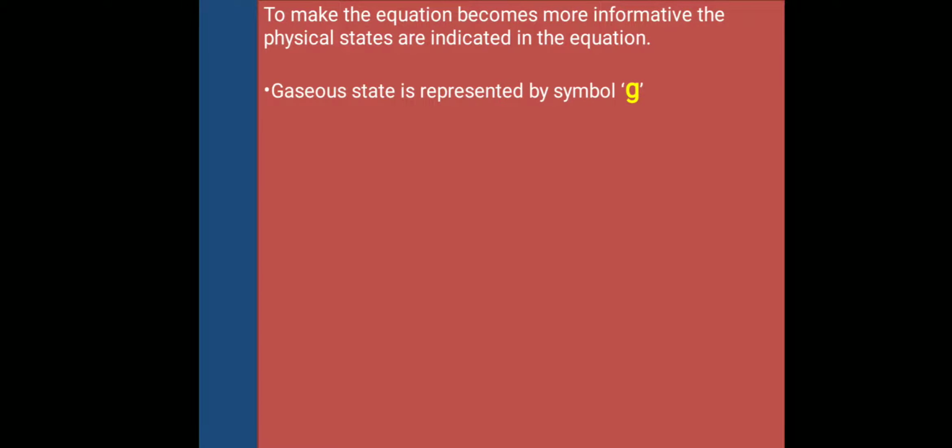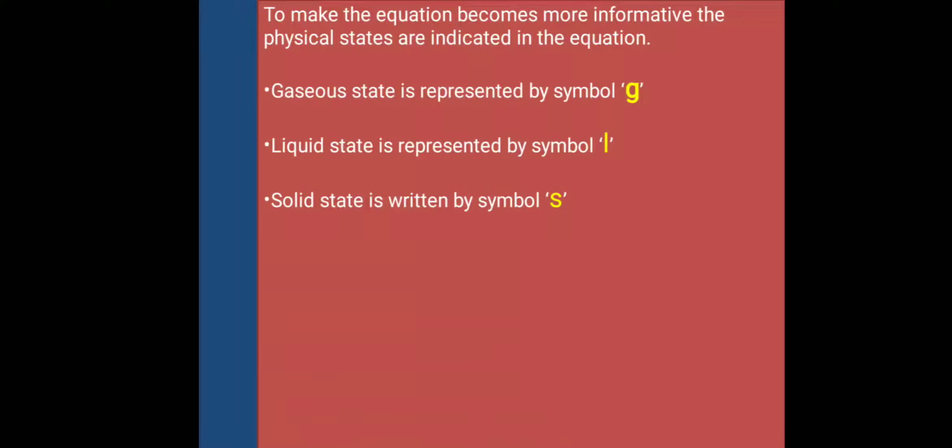If the product or reactant is present in gaseous state, then it is represented by the symbol G. If the reactant or product is in liquid state, then it is represented by the symbol L. If they are present in solid state, then they are represented by the symbol S. And if there is an aqueous solution of a product or a reactant, then it is represented by the symbol AQ, meaning aqueous. An aqueous solution is any solution that uses water to dissolve the substance, meaning in an aqueous solution the solvent is water.